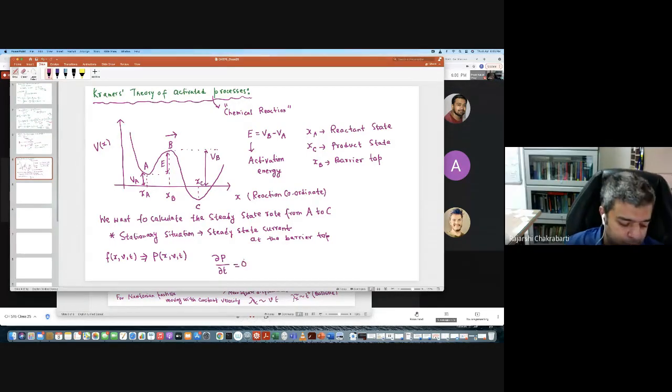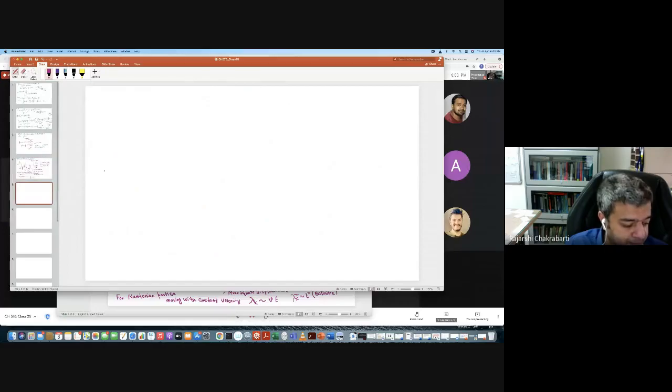So this we should do. In the steady state, we want to calculate the rate of going from here to there. Okay, so we'll do that.